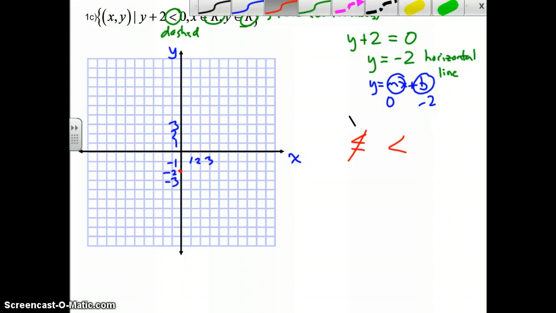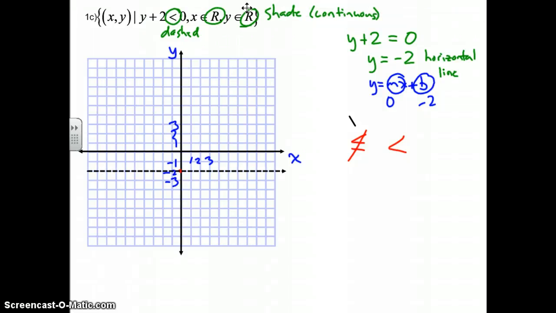So that's why we'll draw this with a dashed line. A dashed line looks like that. In this case, it's real numbers, so we do care about all 4 quadrants, but it's a dashed line because it's just less than, not less than or equal to.